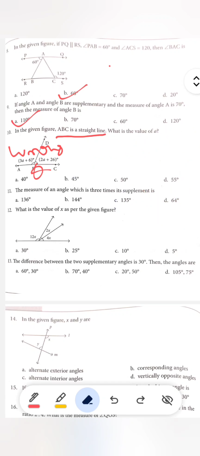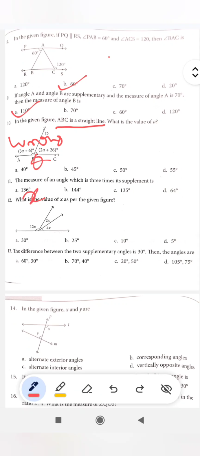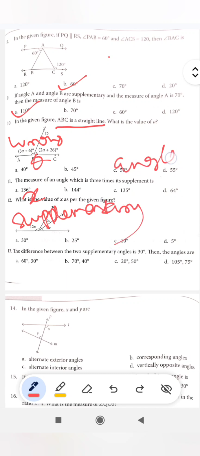Next, the measure of an angle which is 3 times its supplement is what? Let the supplementary angle be x. So what will be the angle? 3 times means 3x, and supplementary means x plus 3x is equal to 180 degrees.